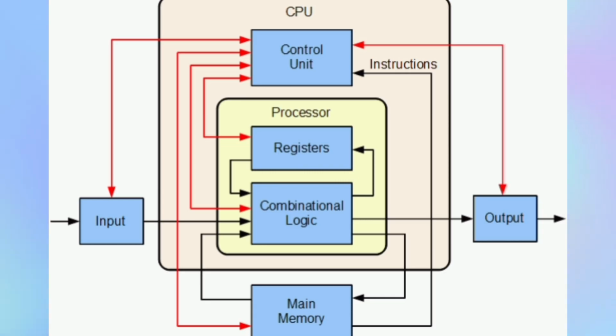Input is accepted from the input devices, and output is shown on the output devices. So the input devices and output devices are directly connected with the combinational logic. Once all the data is processed, the output is transferred to the output devices.